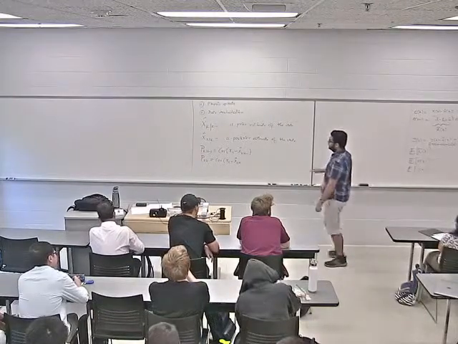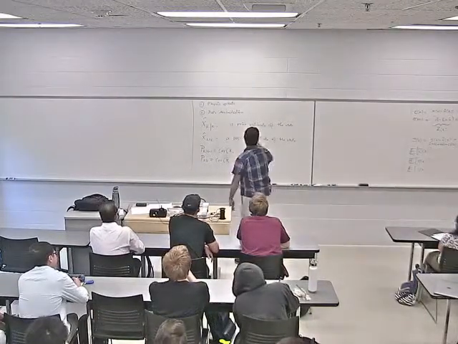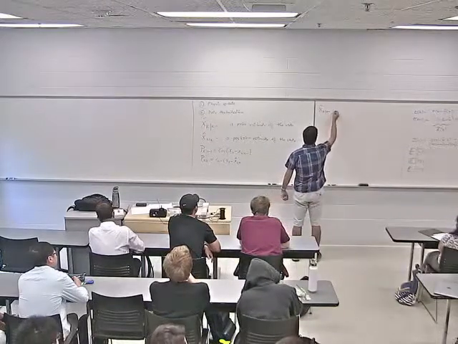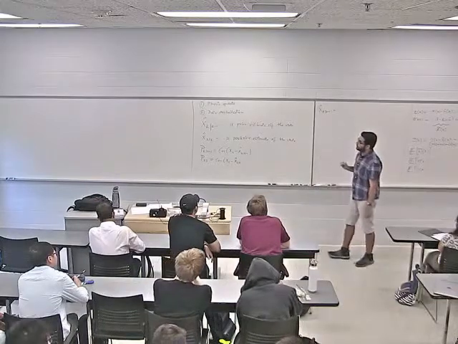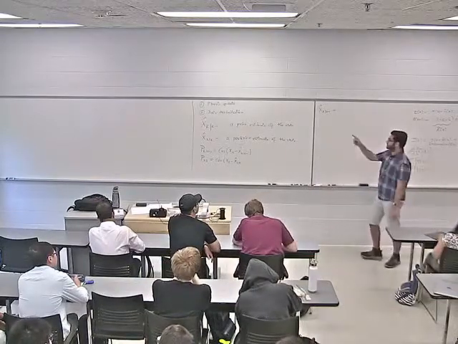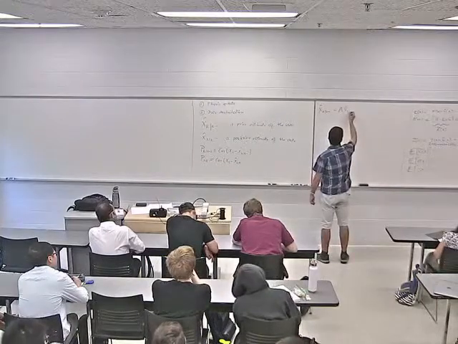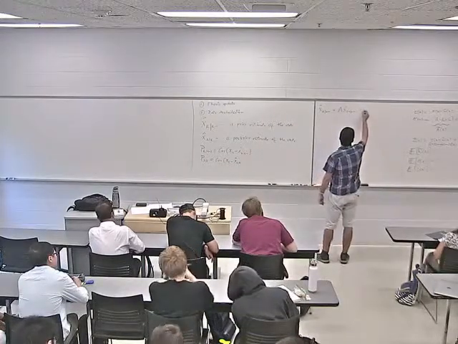Okay, so this guy, x hat of k given k minus 1, is obtained by the physics of the system. So that's going to be Ax plus Bu_k.